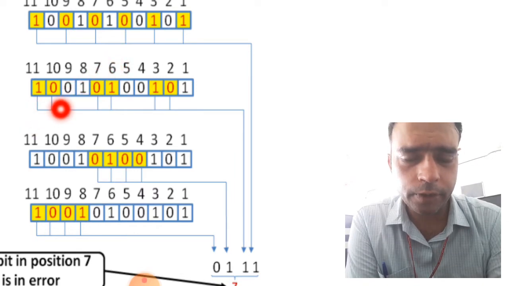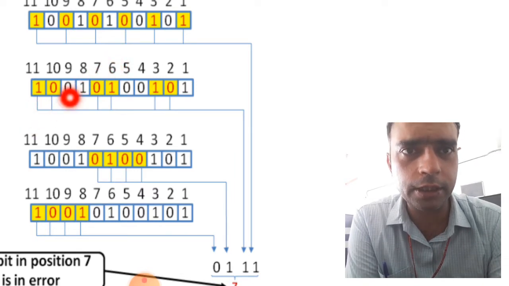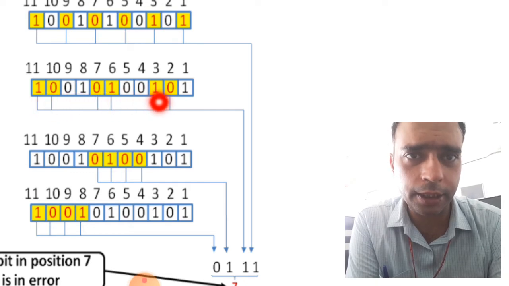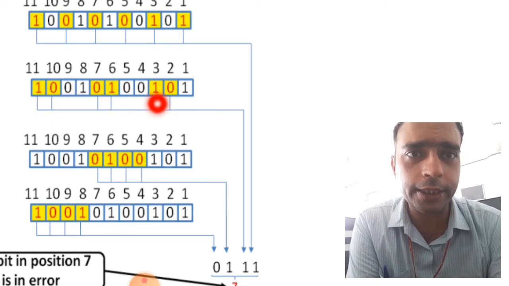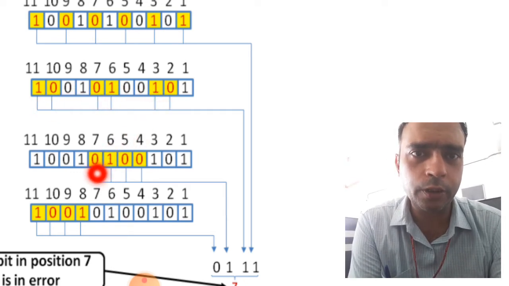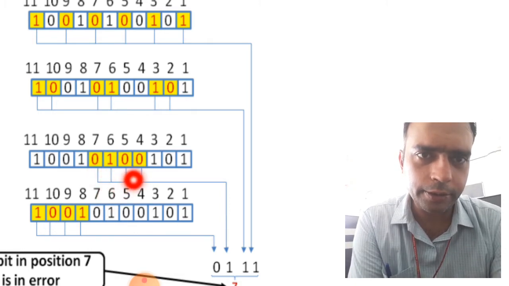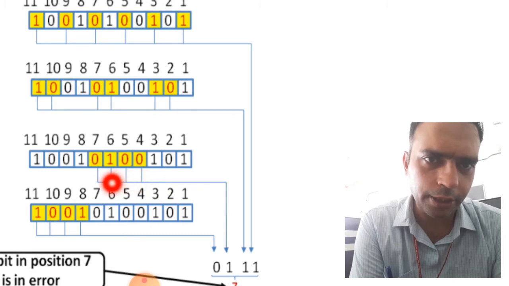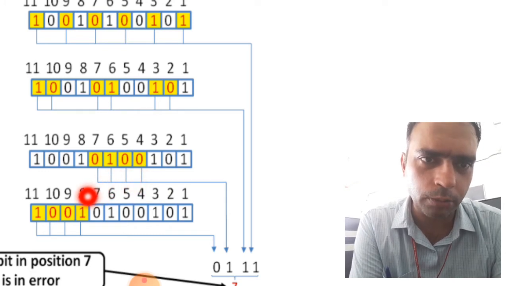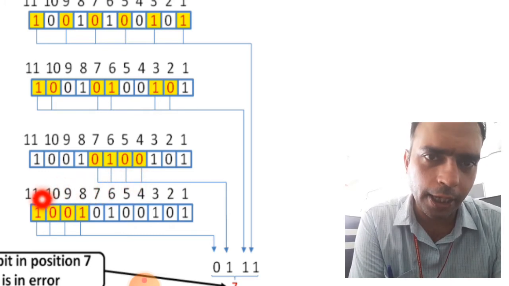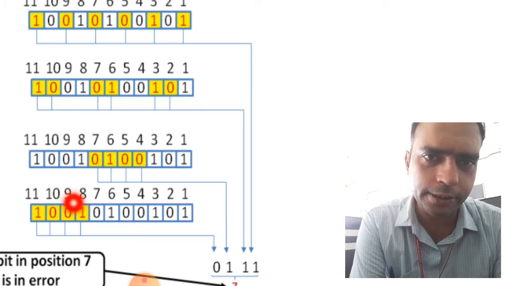And here the total number of 1s is 3 again, then here it is 3, then here the total number of 1s is 1, right, and 0s is 3, and here the total number of 1s is 2, and here it is 0.